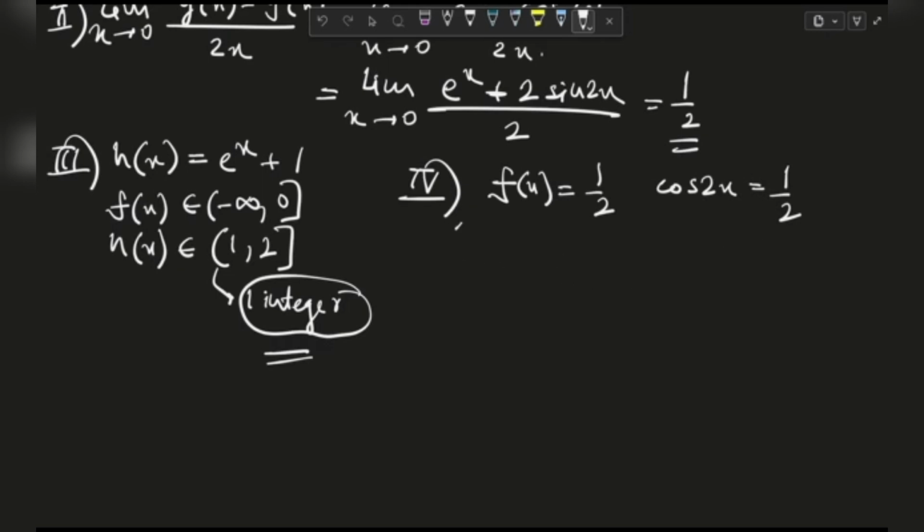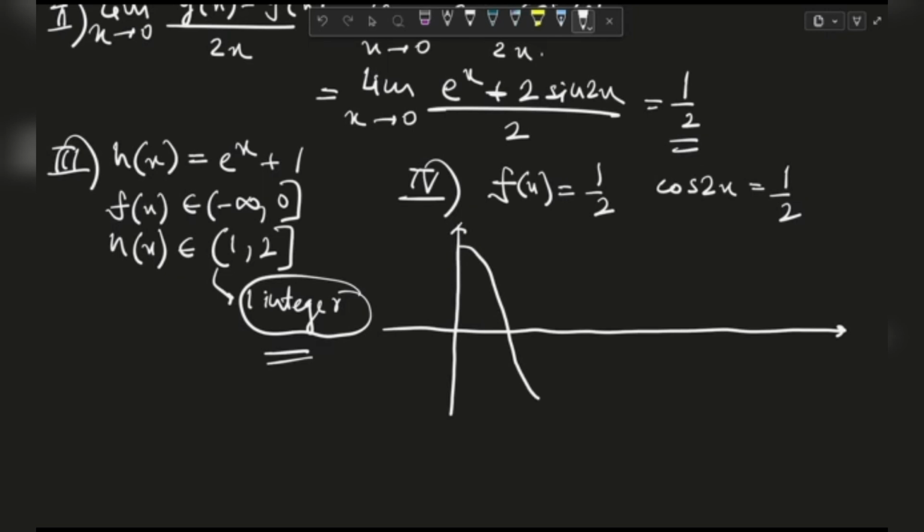So let's try out and draw an approximate curve for this. So it's cos 2x, I guess. The nature of the graph will be obviously the same, only the widths will somewhat differ. So this thing is 0.